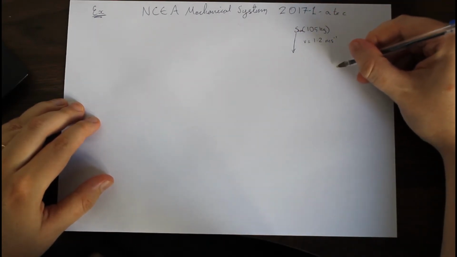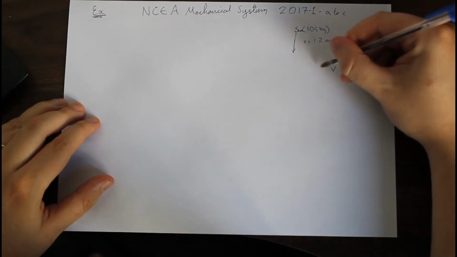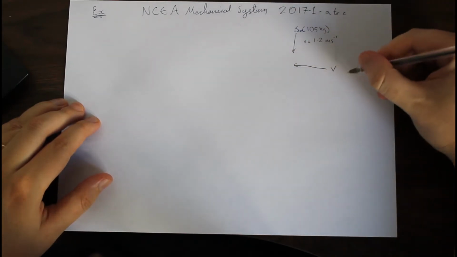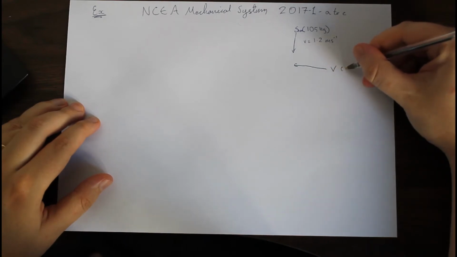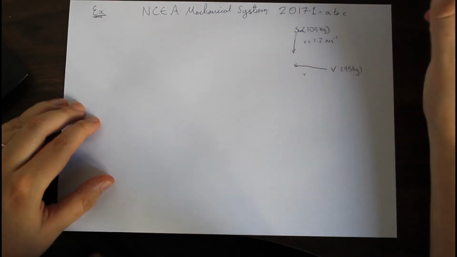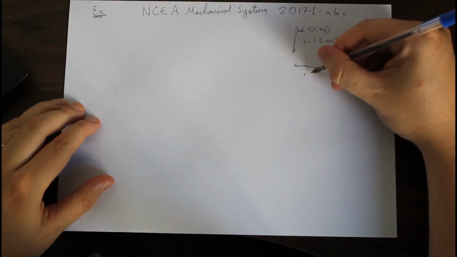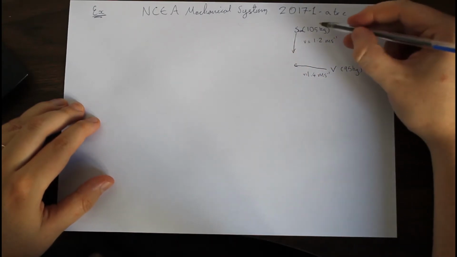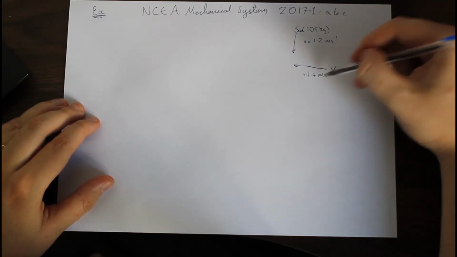Sylvia, who I'm going to denote differently because there's also an S with a V, is moving this way, and has a mass of 95 kilograms, and is moving at a velocity of 1.4 meters a second. So one is a little bit heavier, moving a bit slower, and the other is a little bit lighter, moving a bit faster.